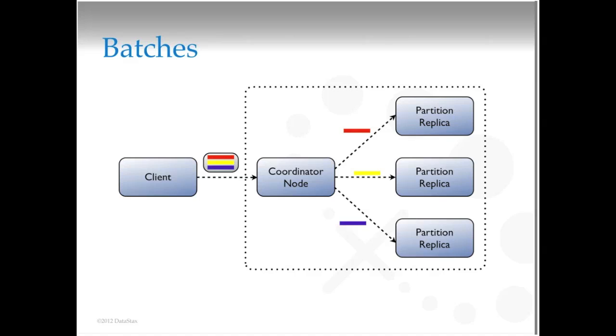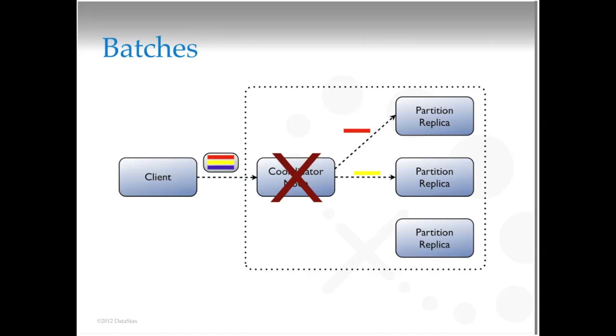Those different rows in the batch are ultimately going to live on different replicas. So the coordinator, the node that the Cassandra client is talking to, is responsible for piecing those out to the appropriate replicas. Now the problem with these classic batches is if I have a batch like this and the coordinator itself fails before it completes sending out that batch, then I've basically created an inconsistent scenario in my cluster.